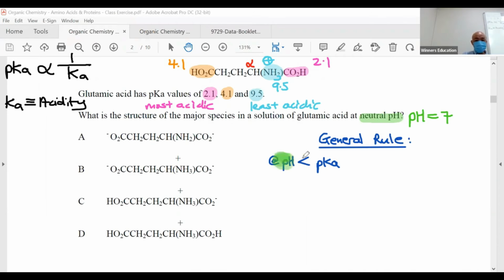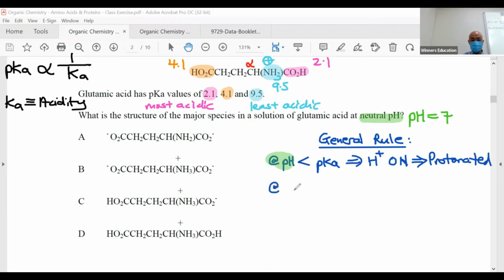So this is the environment, the solution. When the environment pH is smaller than the pKa, it means in a way that it's more acidic than the group. Agree with me? It's more H plus than the group, more acidic. So the environment got lots of H plus. You must agree with me. Therefore, in Singlish, it's called H plus on it. Also, in English, it's known as protonated. Am I okay? That's it.